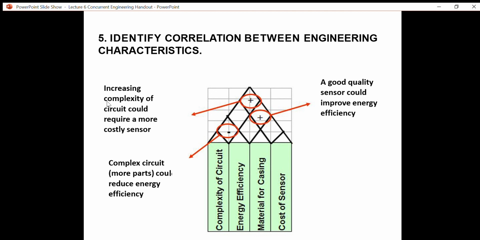Increased complexity of the circuit requires more cost for sensor. So you can see a plus here. For cost of sensor and energy efficiency, a good quality sensor could improve energy efficiency. That's why plus. Energy efficiency will improve with the good quality of the sensor.